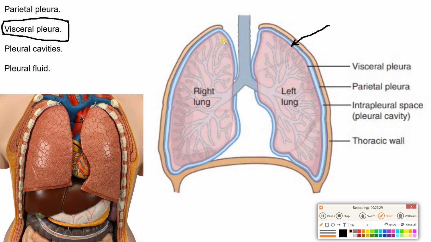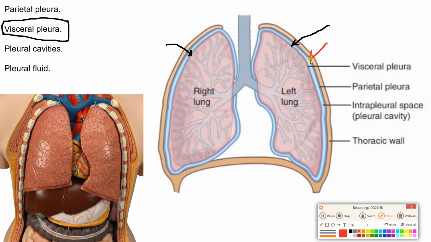And each lung has its own visceral pleura. They're not sharing. Each lung has its own. And the outer membrane around the lung, tucked in right next to the rib cage, is called the parietal pleura.